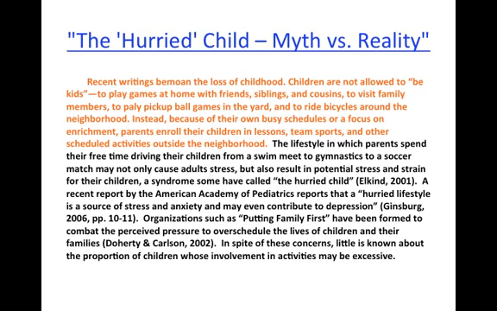With arguments of existence, they're saying this is what happens. This is the situation. Then they continue, the lifestyle in which parents spend their free time driving their children from a swim meet to gymnastics to a soccer match may not only cause adults stress, but also result in potential stress and strain for their children, a syndrome some have called the hurried child.